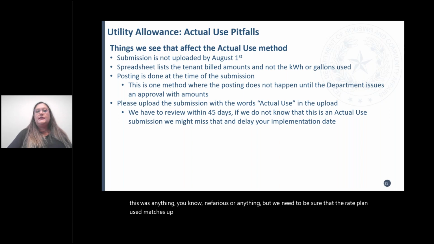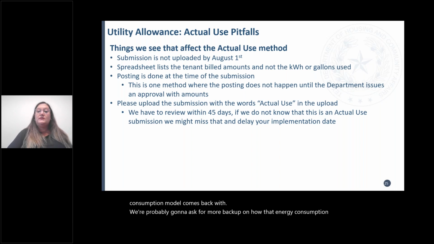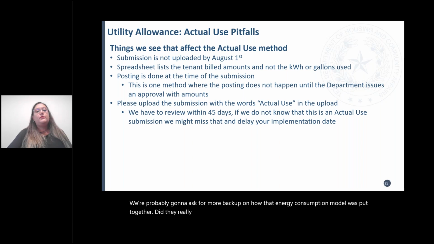And if your tenant bills are all 7 times what your energy consumption model comes back with, we're probably going to ask for more backup on how that energy consumption model was put together. Did they really use what's in place at the property? Did you tell them you have low flow faucets or low flow toilets and you really don't? What's the case there?